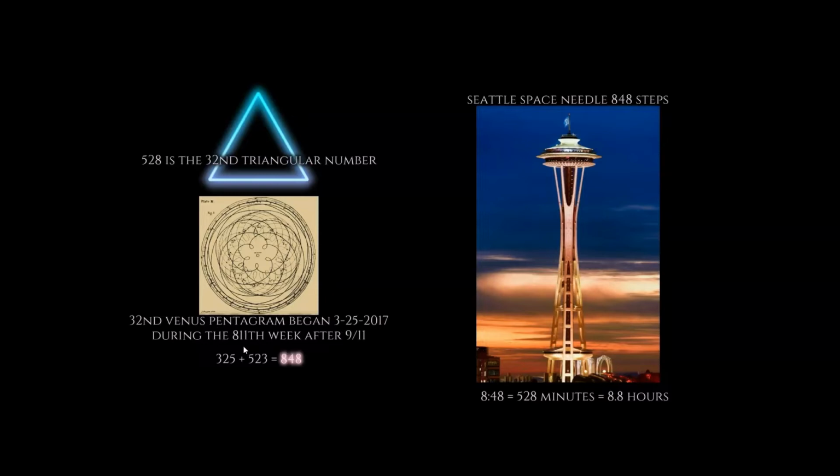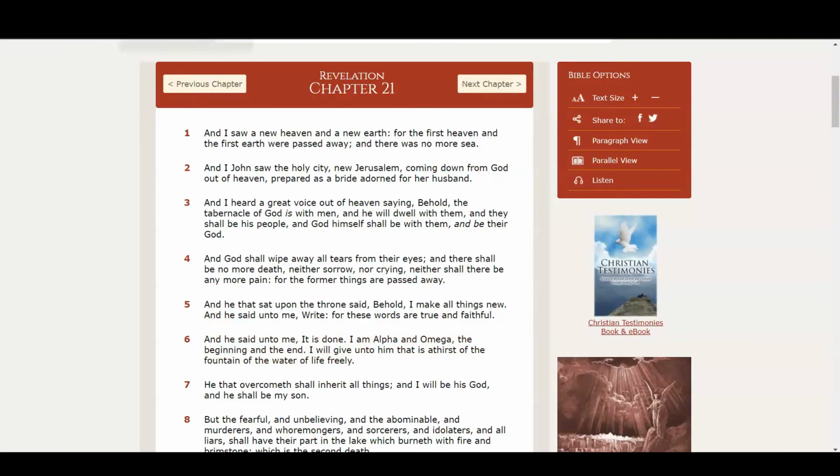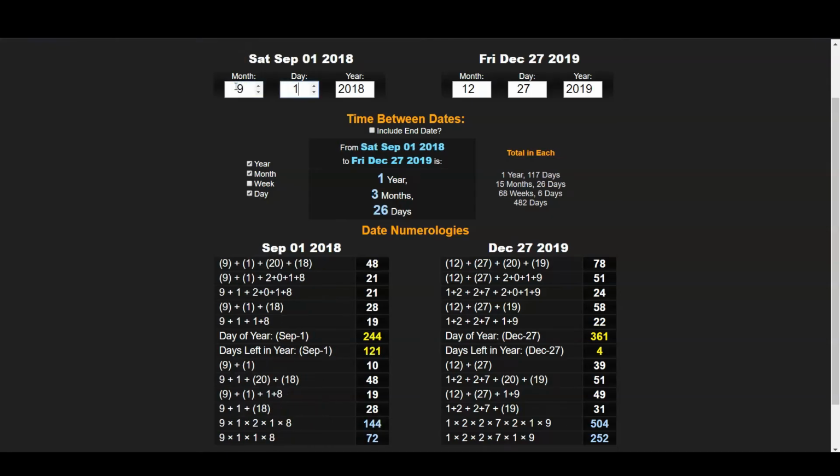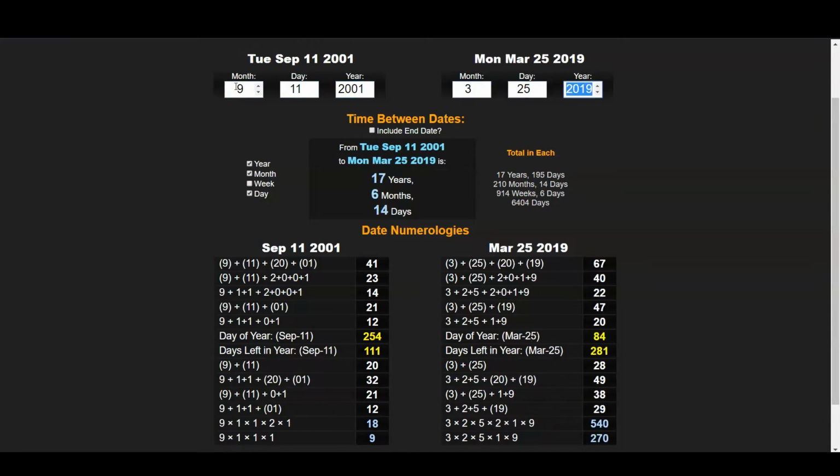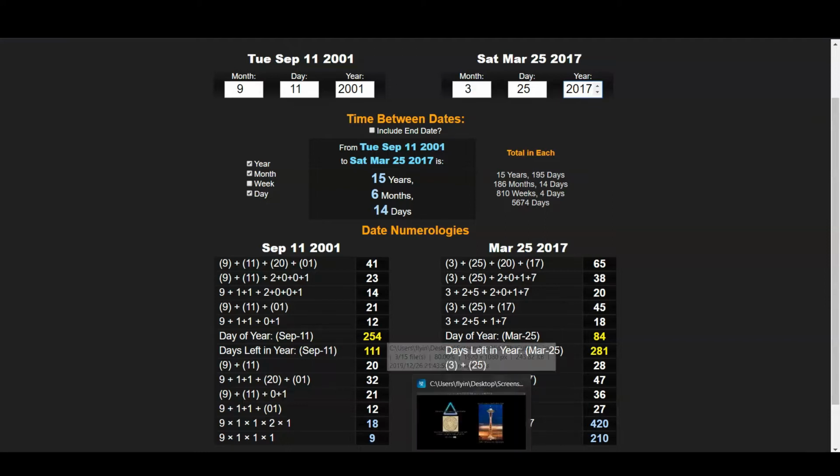That date also fell within the 811th week after 9/11/2001. So this was the start of the 32nd Venus pentagram, and you can see that day fell in the middle of the 811th week after 9/11.